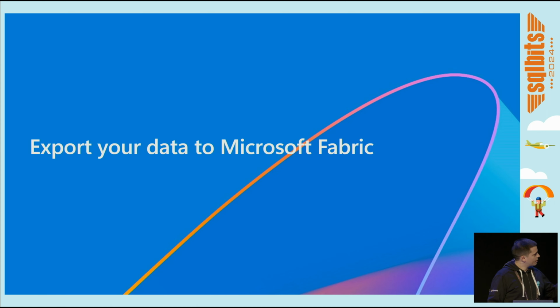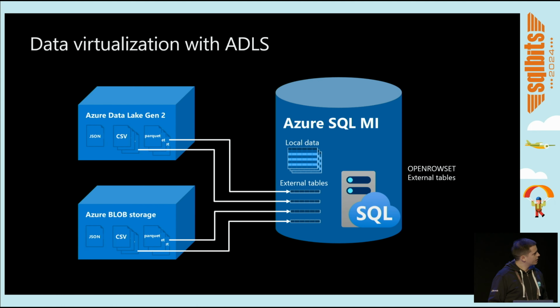So we're going to talk about integration with Microsoft Fabric. The integration is bidirectional, so you can query data from Fabric in MI or vice versa. Let's start off with data virtualization with ADLS, not to be confused with ADSL, so these are not modems.